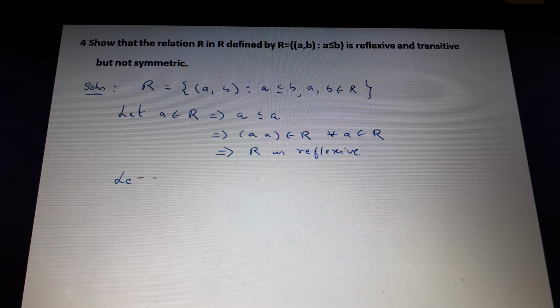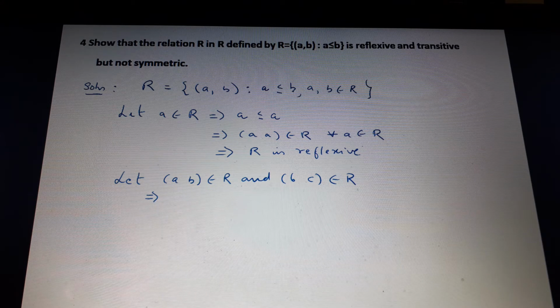What is the meaning of transitivity? (a, b) belongs to R and (b, c) belongs to R. We have to show that (a, c) belongs to R. Therefore, let (a, b) belong to R and (b, c) belong to R. So (a, b) belongs to R means a should be less than or equal to b. And (b, c) belongs to R means similarly b is less than or equal to c.